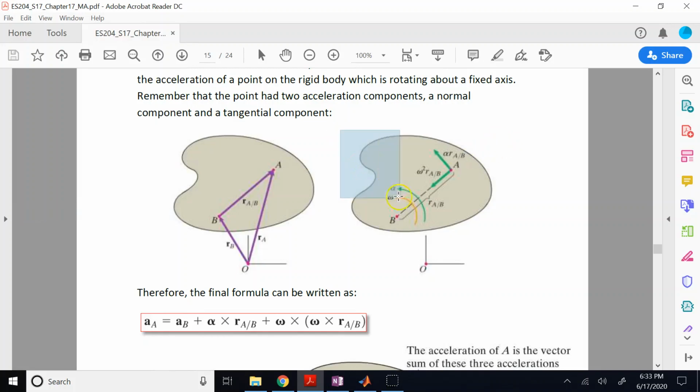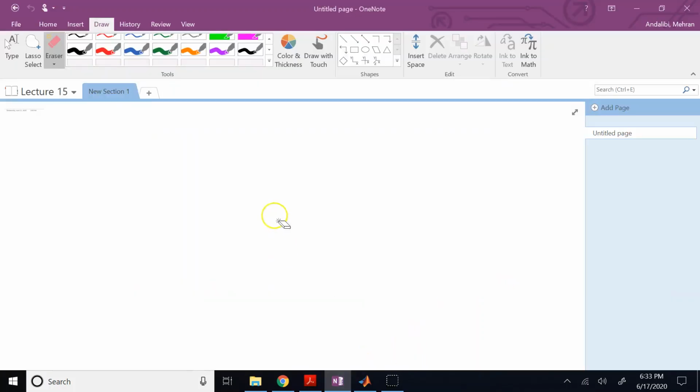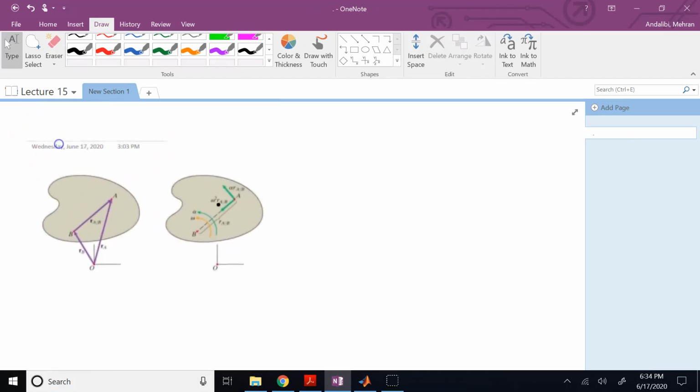And we're gonna do a similar analysis here. And basically what we are doing is taking a derivative from that equation.